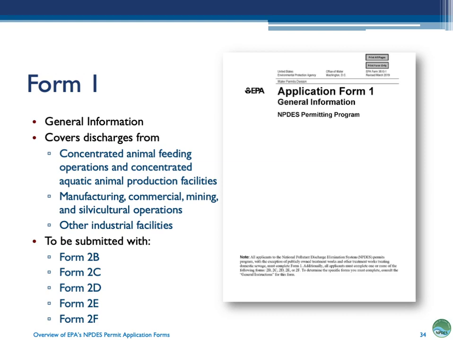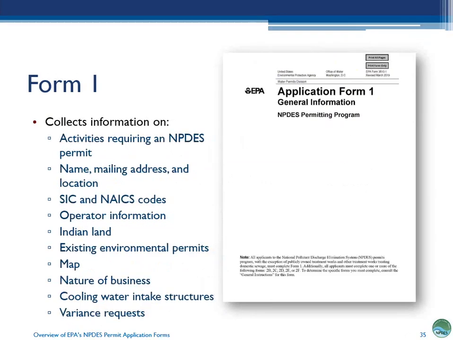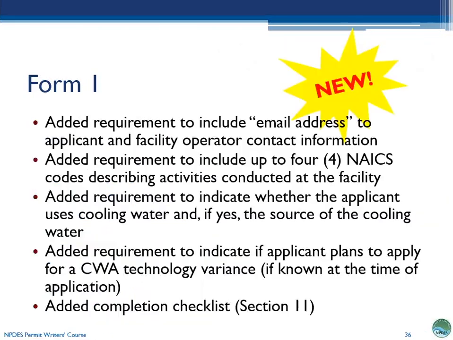Form 1 must be submitted in conjunction with Forms 2B, 2C, 2D, 2E, and 2F. Form 1 collects general information about the facility. The types of information required are listed on the slide, which include the facility name, address, location, including a topographic map, contact information, and a description of the business.